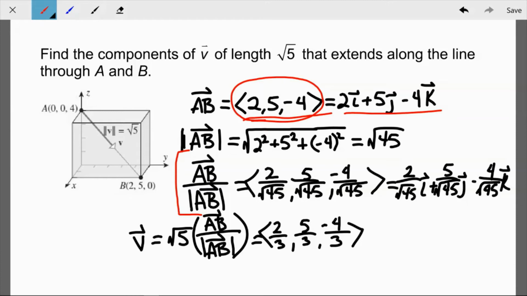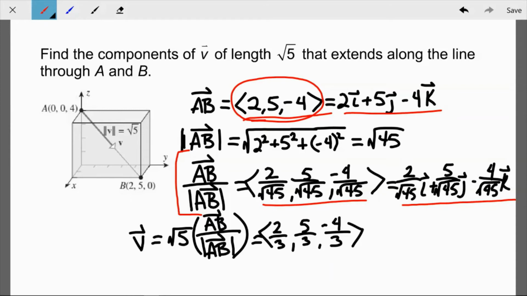So if I'm talking about vector AB or vector V, they call it here, if I want to find the unit vector, I just take that vector and divide it by its magnitude. And you can see that's what I've done here. So I took each component, divided by the magnitude of that vector. Now I've got a resulting vector that has a length of 1. Okay, so knowing that has a length of 1, I need the length of that vector to be the square root of 5.